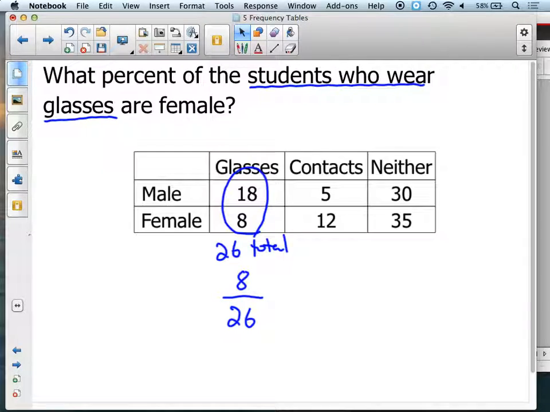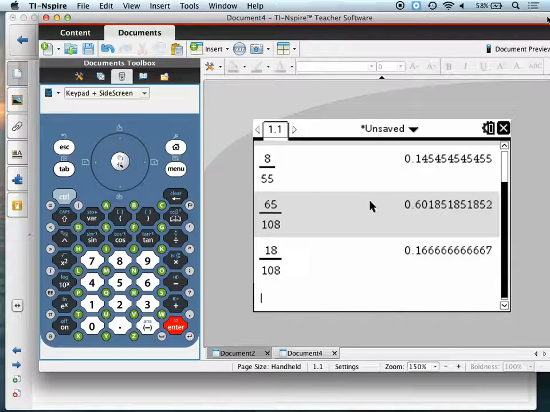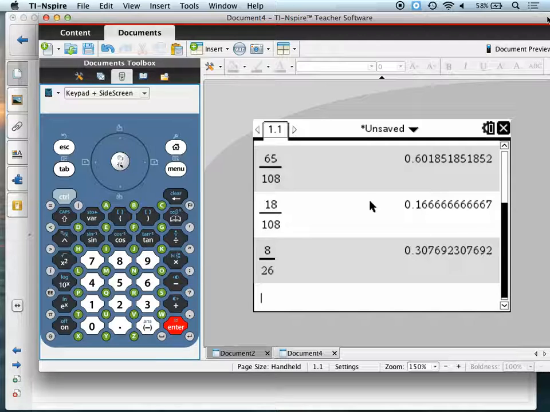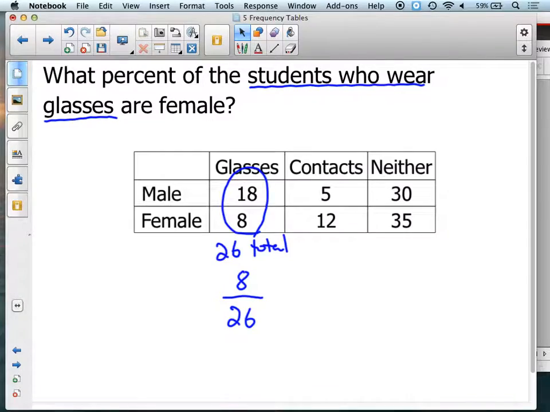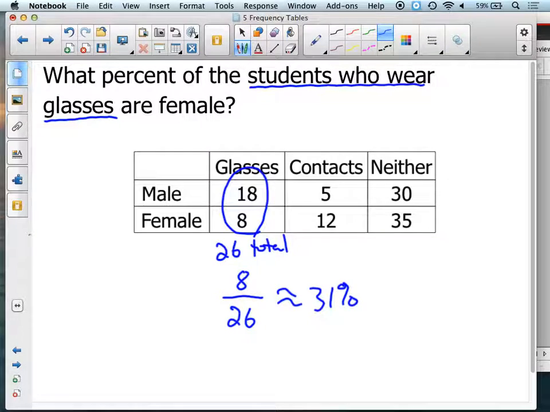So let's figure out what this percentage is. 8 females out of 26 total students. So we'll round that to 31%. So 31% of the students who wear glasses are females.